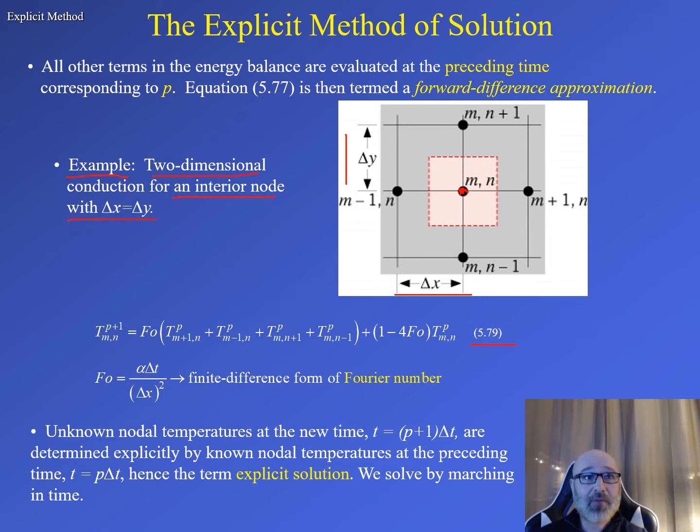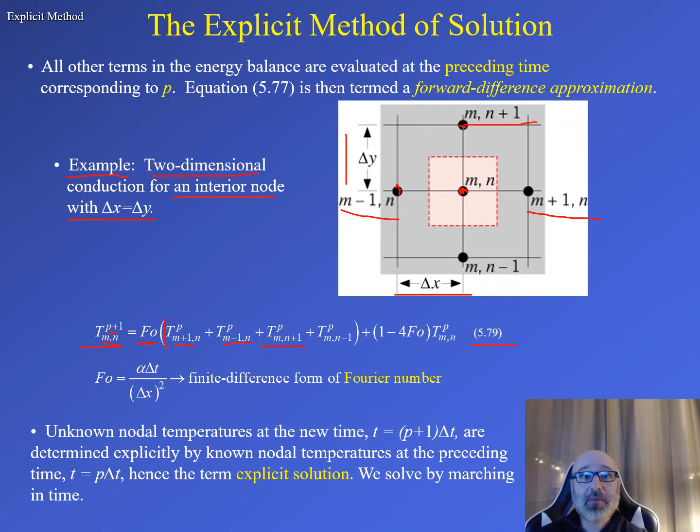We have that variable T to the p plus 1 at m,n, which is equal to our Fourier number, which again we recall is our dimensionless time, times T to the p at m plus 1,n. So the same way we went through the nodal network, that corresponds to this node right there, plus T to the p at m minus 1,n, that corresponds to this node right here. Then we have plus T to the p at m,n plus 1, which corresponds to this node right there.